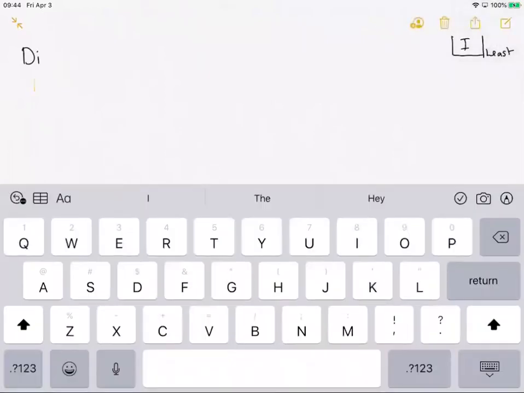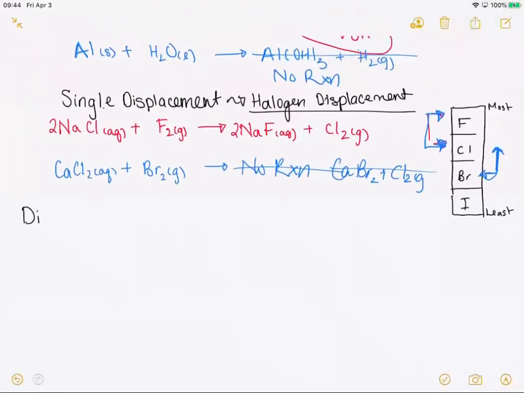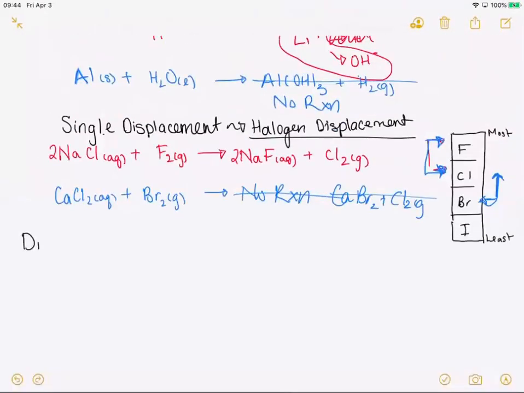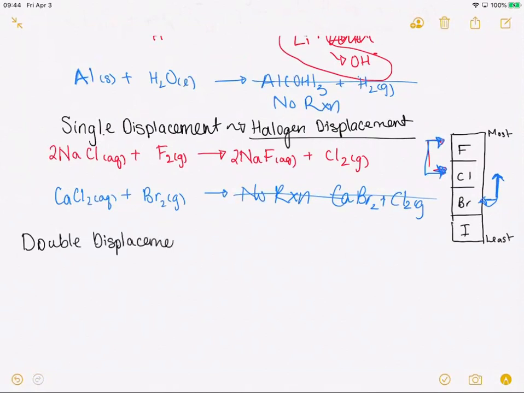Okay, so now we're moving on to double displacement reactions.